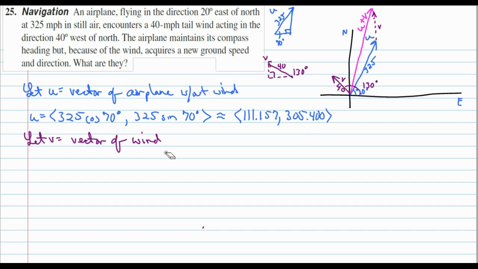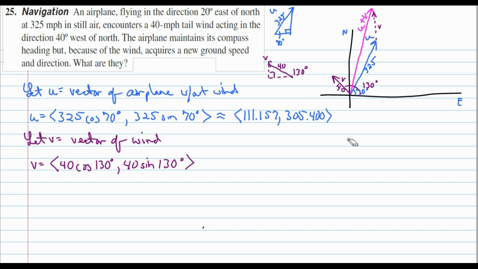Now vector v, again, we're solving for the x and y coordinates, or a and b values, using trig. So that would be 40 cosine of 130. The cosine is adjacent over hypotenuse. Solve for the adjacent. Then 40 sine of 130. So the y coordinate, sine of 130, would be opposite over hypotenuse. Solve for y.